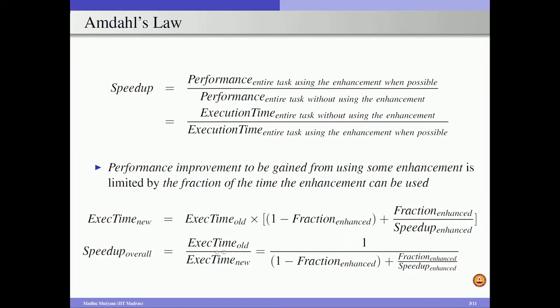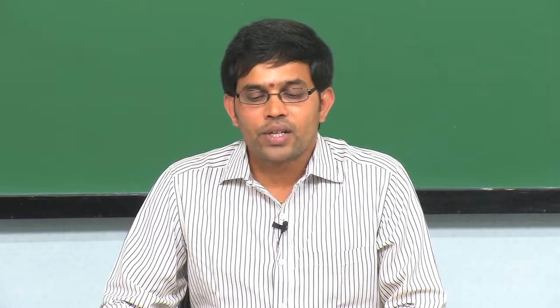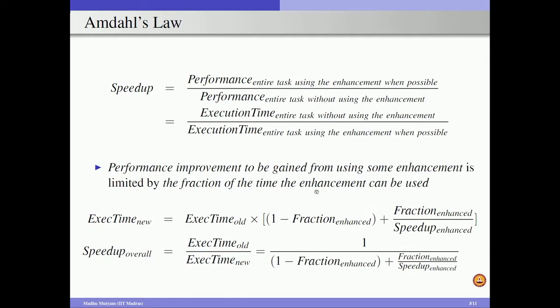We know that speedup enhanced is calculated by this particular formula. So this shows that even when you apply an enhancement, your overall performance is actually dictated by the fraction of the time the enhancement is considered.